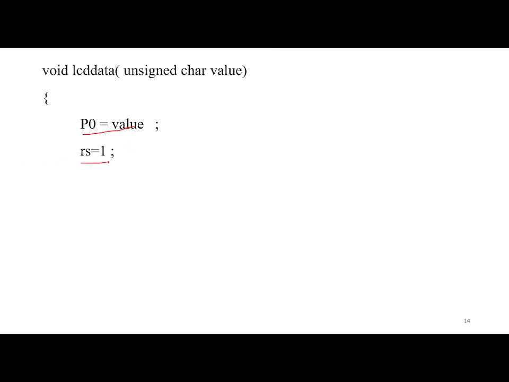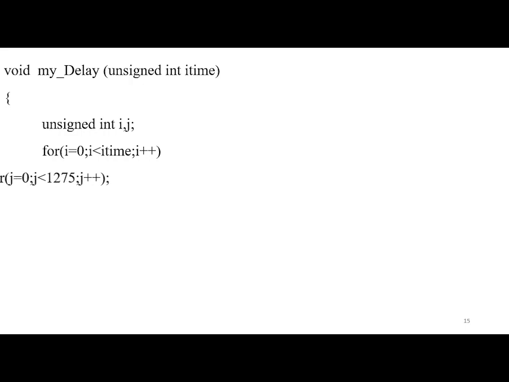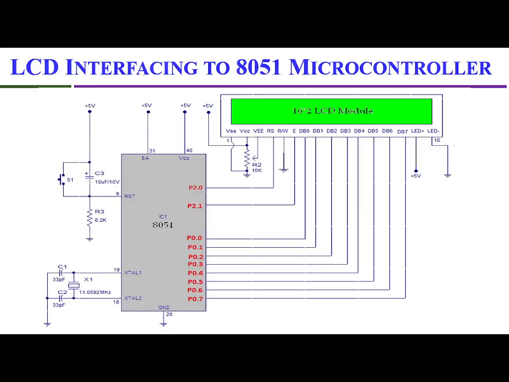Make RS 1, EN 1, make EN 0, and that's it. So in case of command, we have to make RS equal to 0, and for sending data, we have to make RS equal to 1. The rest are the same. For delay, this simple delay is used just to pass time, so it will take that much time.